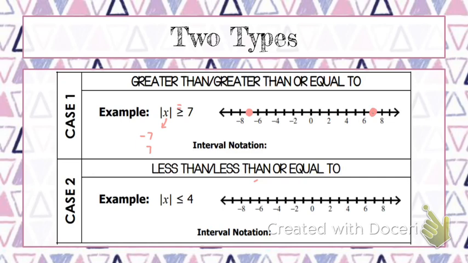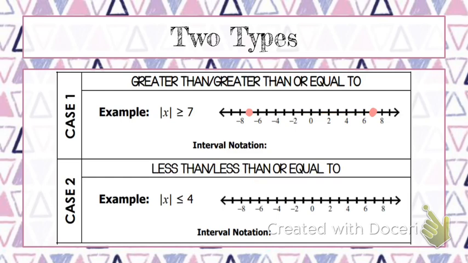Now, if we are looking at our number line and we know that the absolute value means the distance from 0, and we know that that has to be bigger than 7, then anything between these two is going to be smaller than 7 and is not going to work for our function.